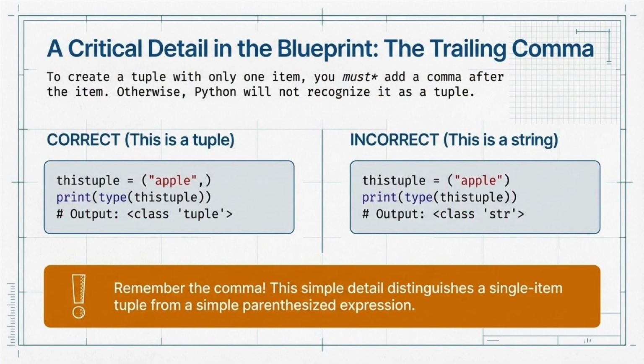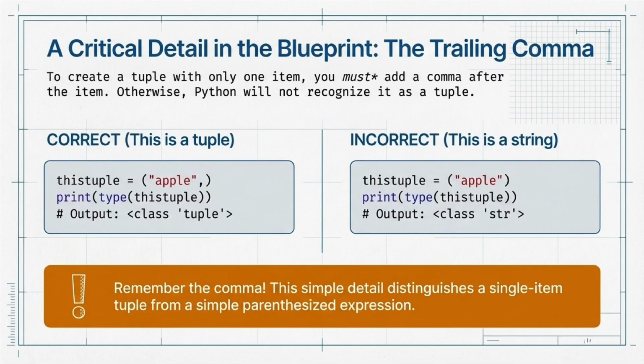When creating a tuple with only a single element in Python, it is essential to include a trailing comma after the item. Otherwise, Python will not recognize it as a tuple. For example, writing within parentheses "apple" with a comma correctly creates a tuple containing one element, and checking its type confirms that it belongs to the tuple class.